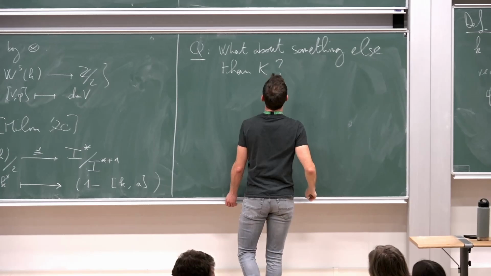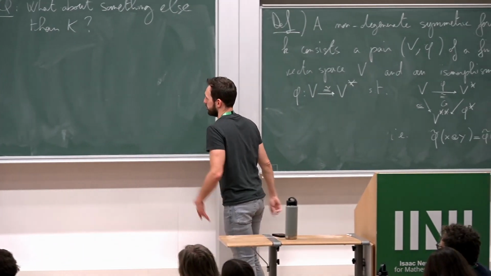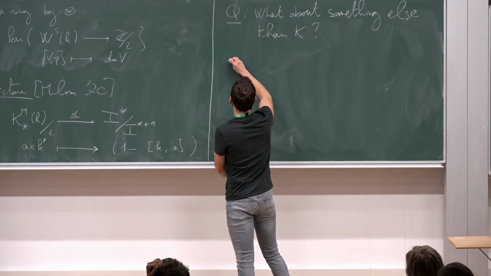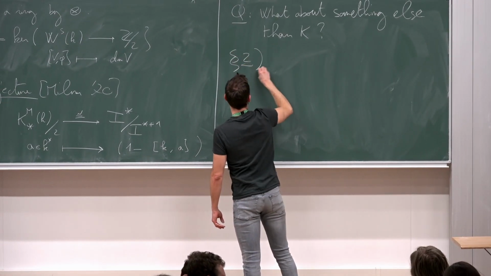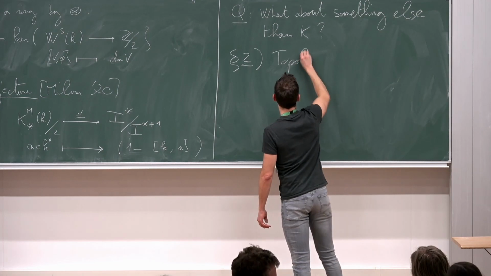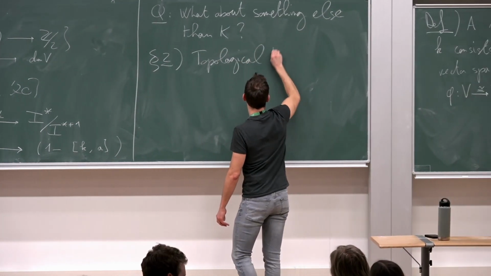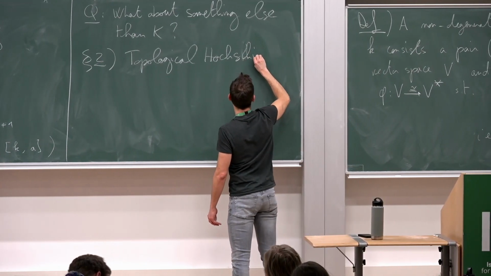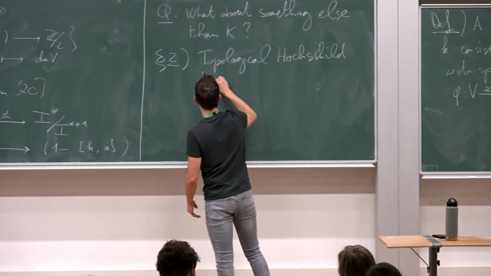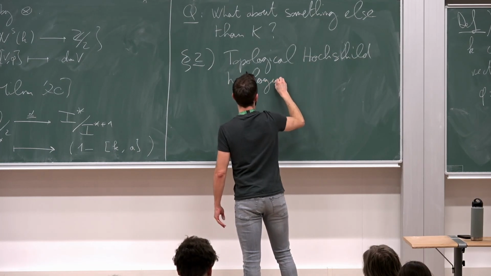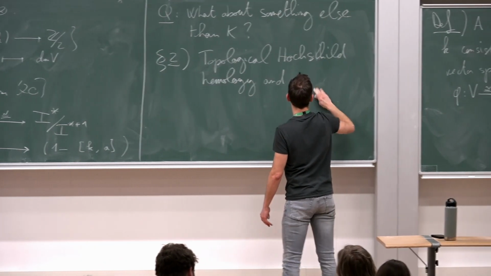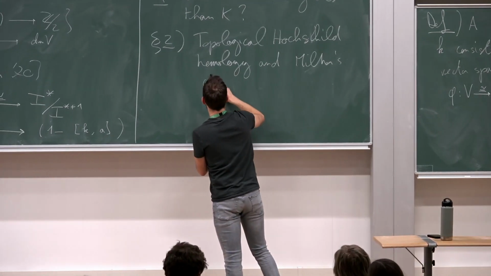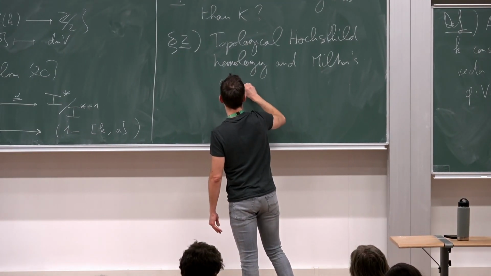Okay, and of course, what else would you do if you want to change your mind? If you want to do something else than K-theory, you try topological Hochschild homology. So this is section 2, topological Hochschild homology.